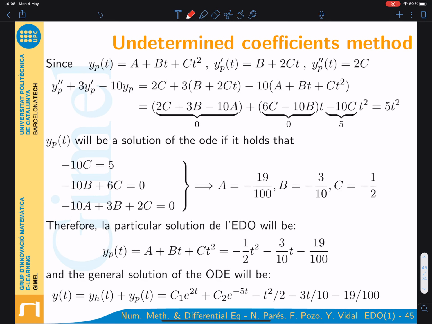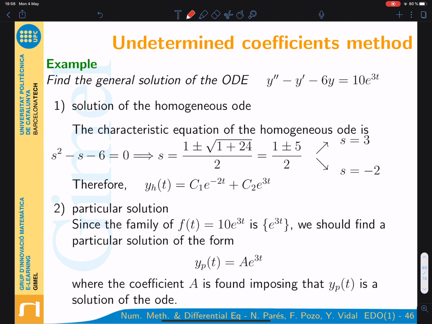So let me show you this with an example, okay? I will start with this example here, which also has a little bit of theory associated, so keep an eye on this example, it's very important. We want to find the general solution of this ODE. The first thing is to make sure it is second order, linear, has constant coefficients, and is non-homogeneous, okay?